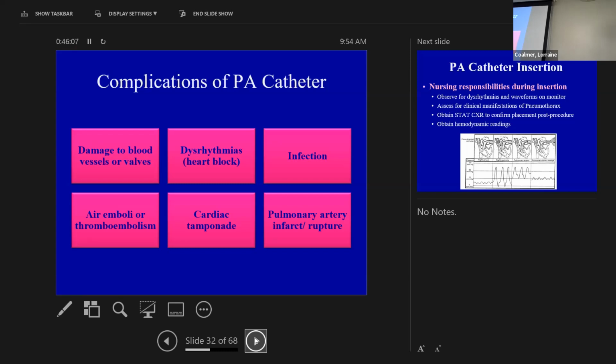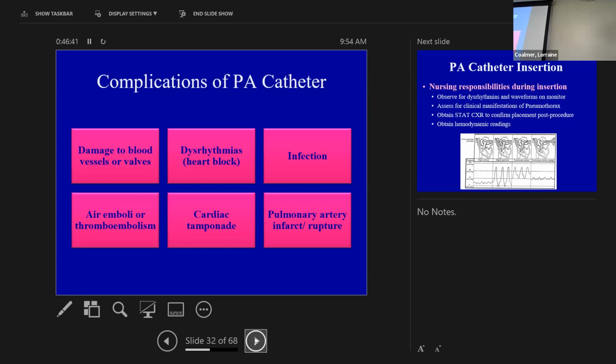Damage to blood vessels, absolutely 100%, or to the valve. I've got this balloon inflated, and I'm going to show you a video of it going in. I could rupture a valve, which is never a good thing. Why dysrhythmias? Anybody got any thoughts? Where did I say this ended up?